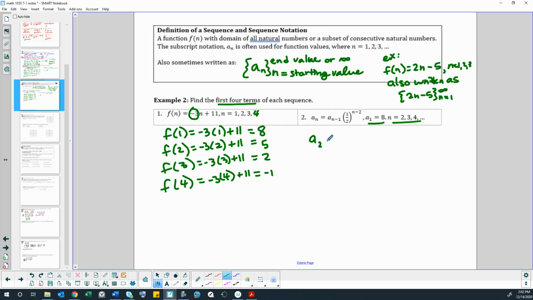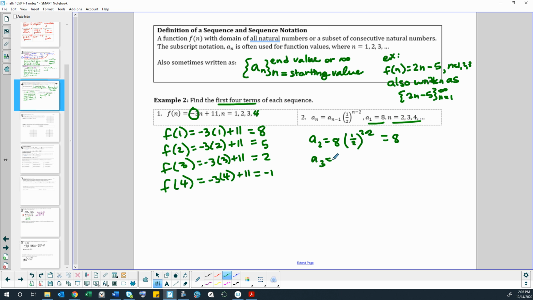So a sub 2 is going to be found by taking a sub 1, which is 8, and multiply by 1/2 to the 2 minus 2 power is what it's telling me to do. So that would be to a 0 power. So 1/2 to a 0 power is 1. And so this whole thing will be 1 times 8, which is 8 again.